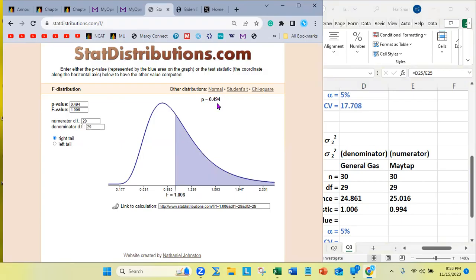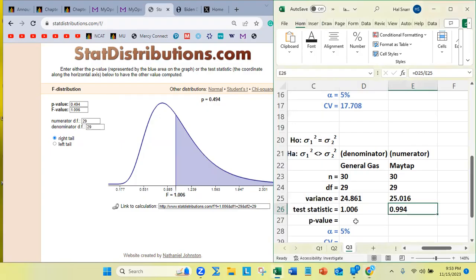And we add those two together because it's a two-tailed test, or we could just simply multiply it by 2, right? So the p-value here is 0.494 times 2, right? But again, statsdistributions.com is not exactly accurate, right?